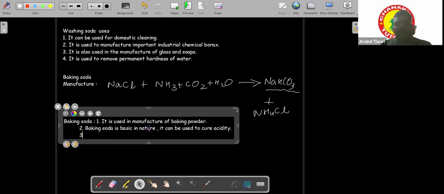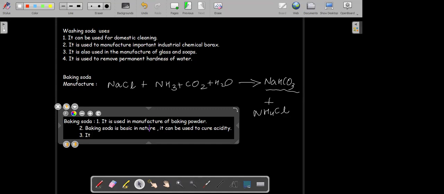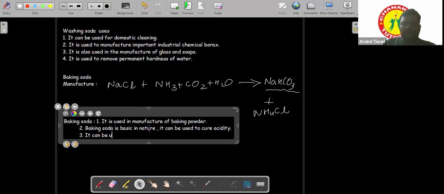Okay, so can you tell how we can use it in fire extinguishers? It releases carbon dioxide, which extinguishes fire, in reaction with an acid. So it can be used in fire extinguishers.